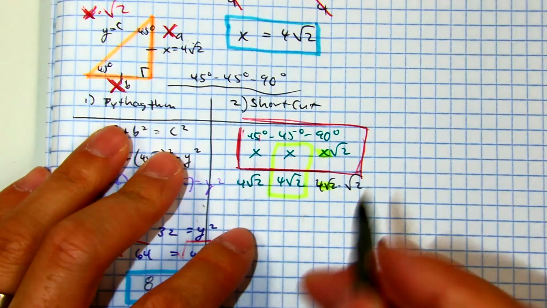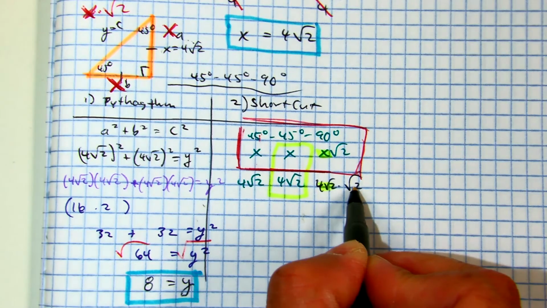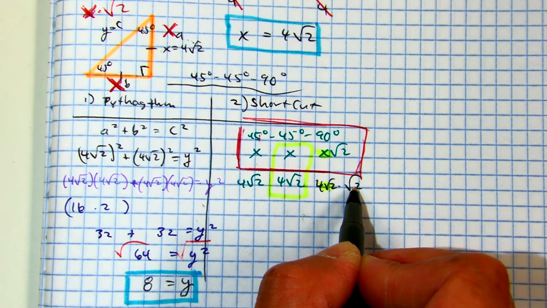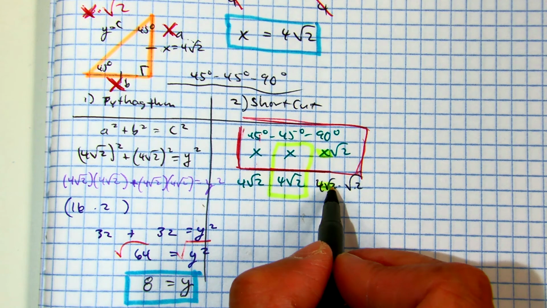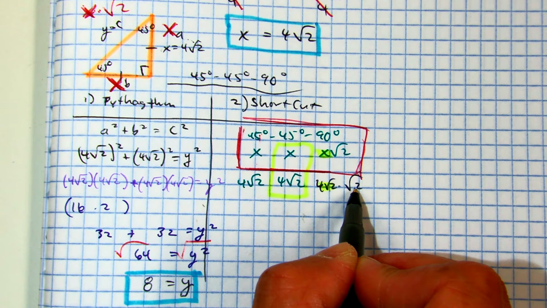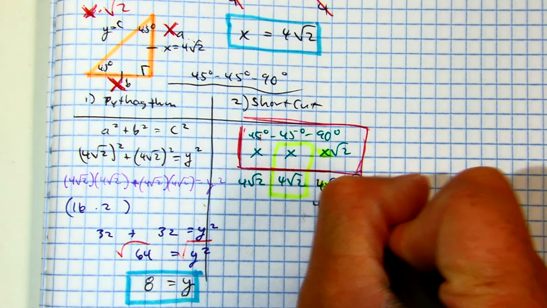And then, class, what's radical 2 times radical 2? Oh, yeah. Radical 2 times radical 2 is what? Radical 4, and radical 4 is 2. So 4 times 2 gives us the 8.